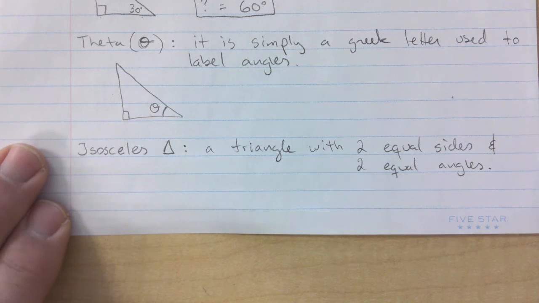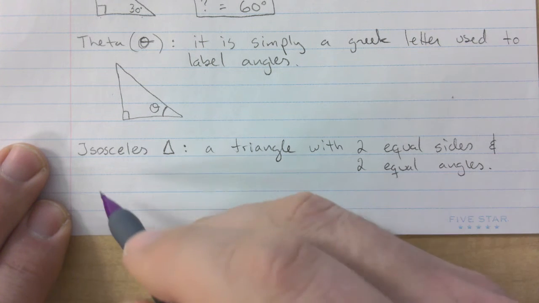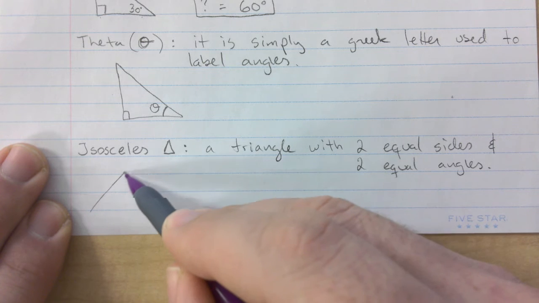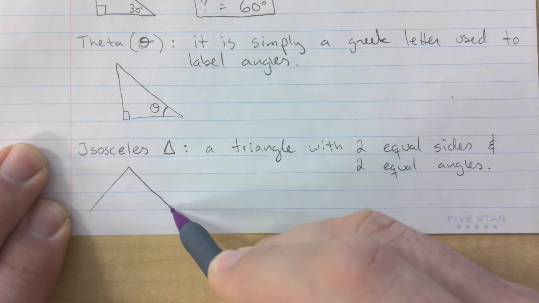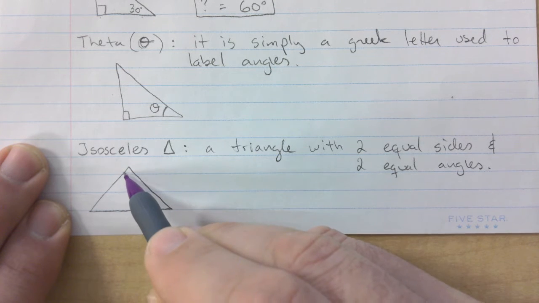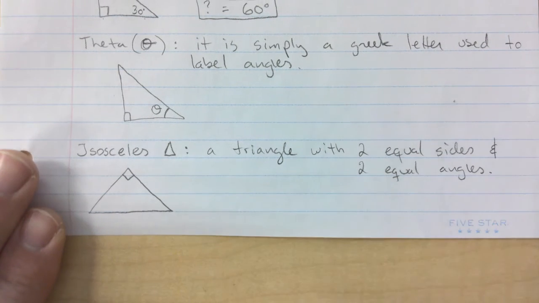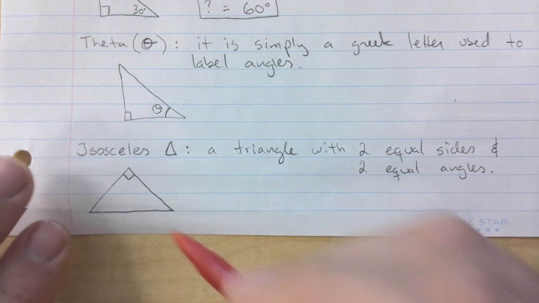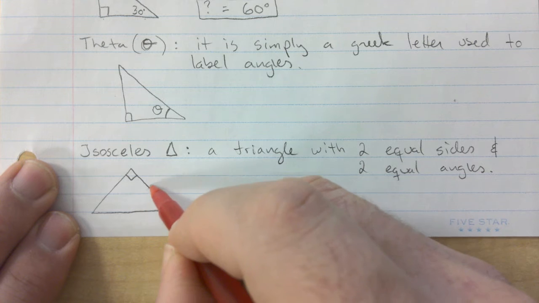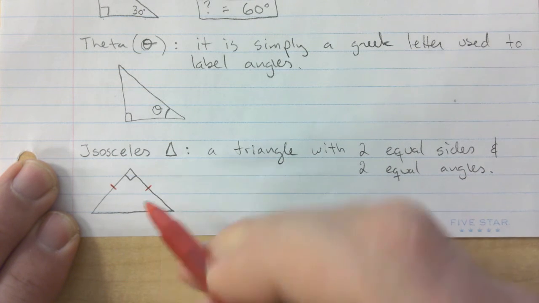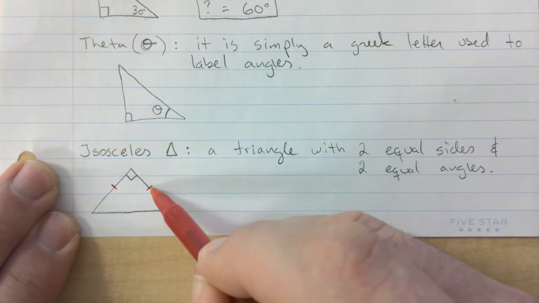Obviously, that should be very obvious, but we use markings, okay? So if you, for example, see one of these, and they tell you that this is 90, and I would use a different color for this. You don't have to, but if they make markings like that across the side lengths, they're indicating that these two sides are the same.